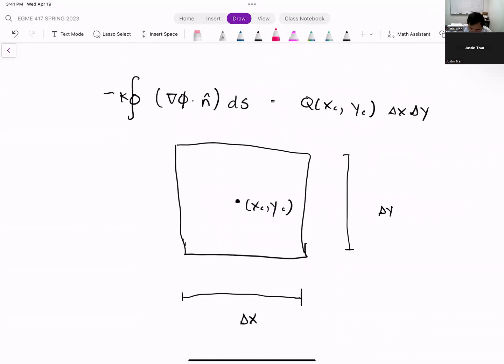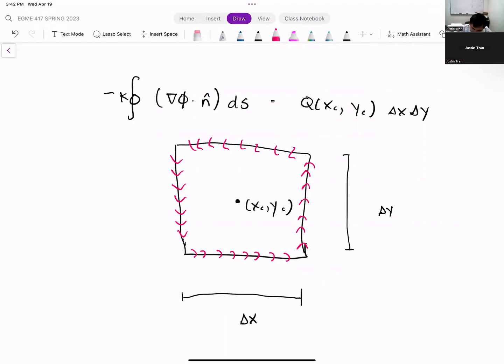And so when we perform a line integral around this entire cell, basically we're going around just like this. We're integrating around the perimeter of the cell.